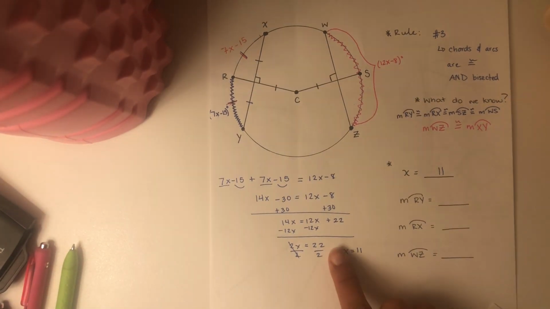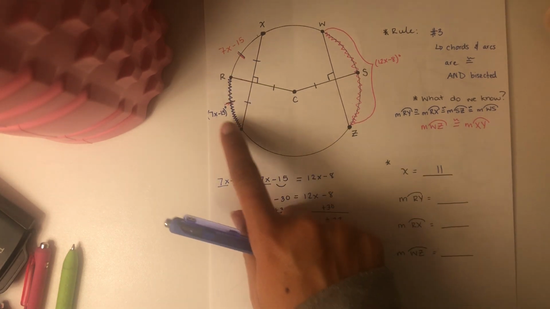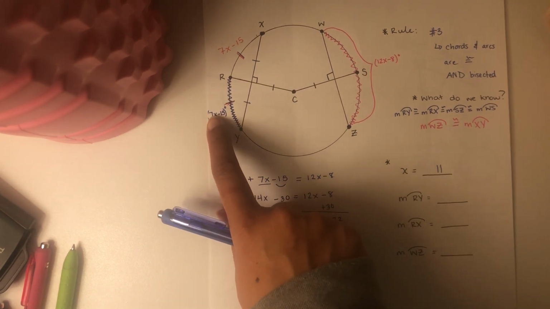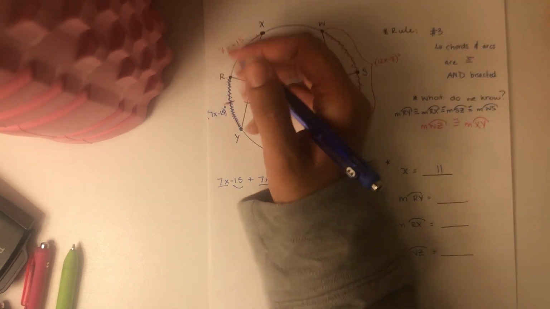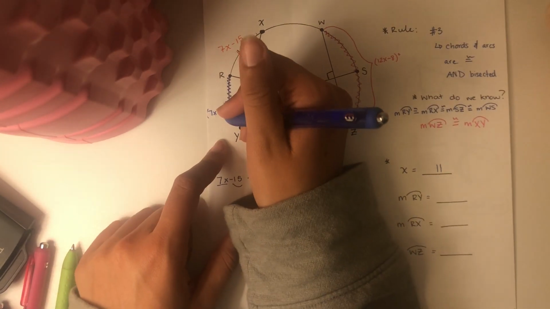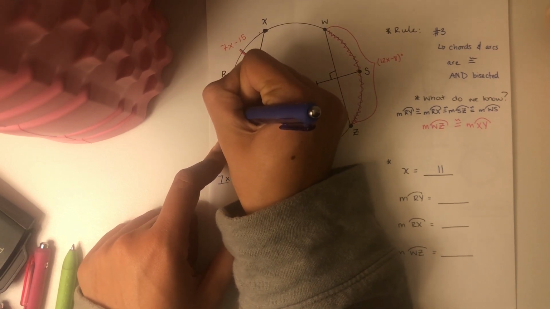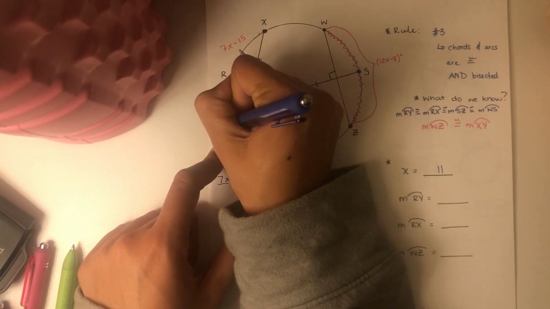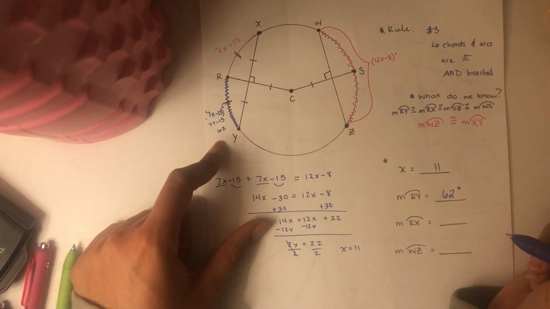All right. Now they want to know RY. This was RY here. I have 7x minus 15, but I know what x is. X was 11, so I plug it in. 7 times 11 is 77. 77 minus 15 is 62, which means R to Y is 62.